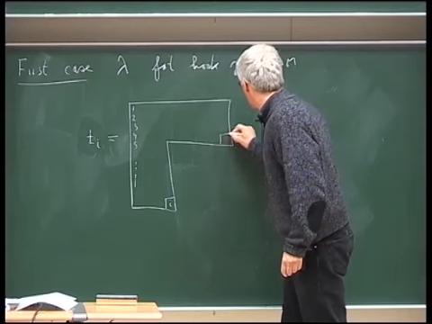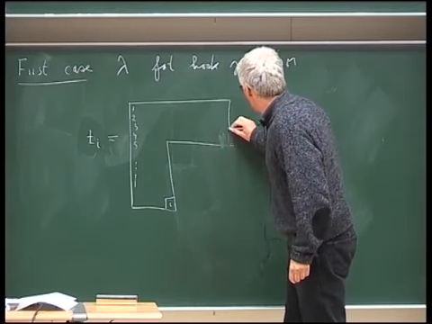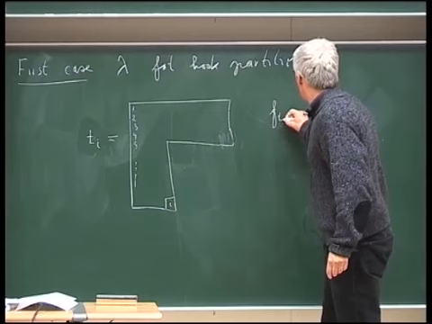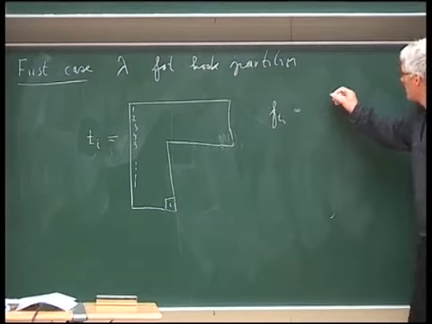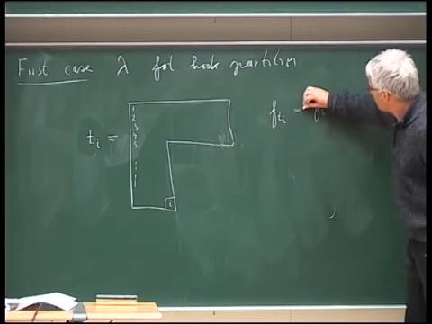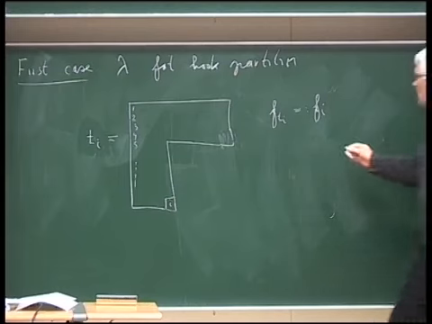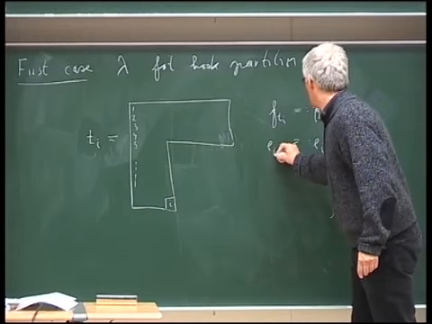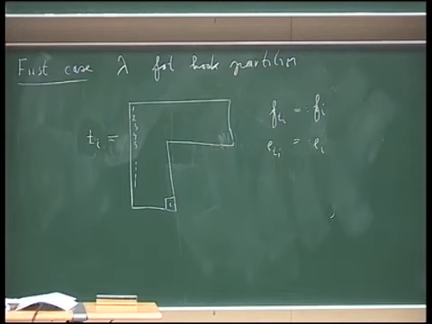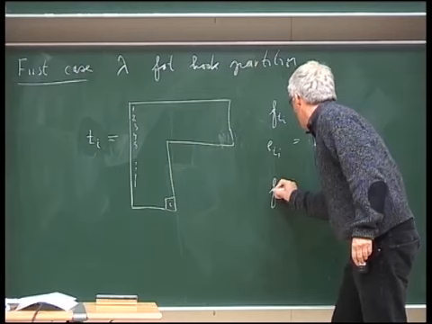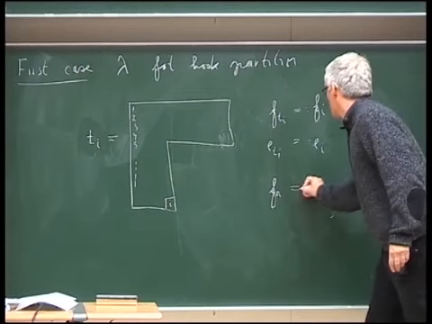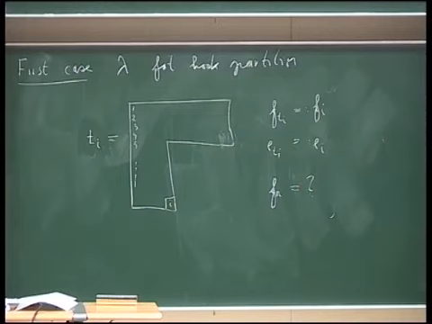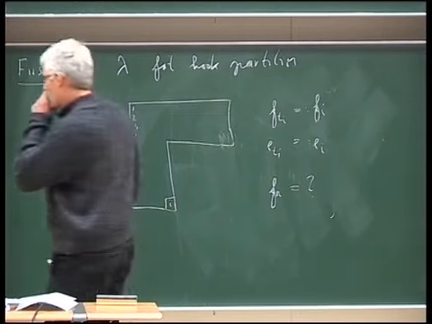So I define f_{T_i}, I just write it as f_i, just for shorthand. And I write e_{T_i}. So I'm interested now in f_n. This is the one I'm interested in. Before I would have written f_{T_n}.